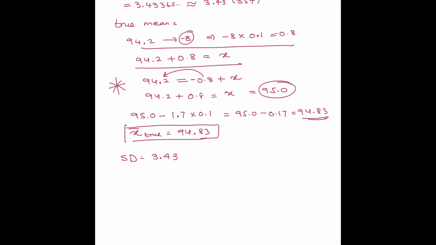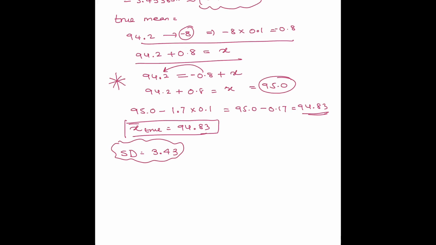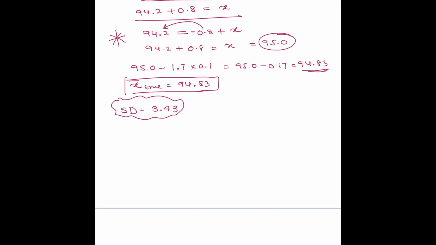Remember, if we are using assumed mean, then the mean changes but not the standard deviation. Standard deviation remains the same. So when we assumed it was 3.43, the true standard deviation also remains 3.43. Standard deviation doesn't change. Let's try the next one.